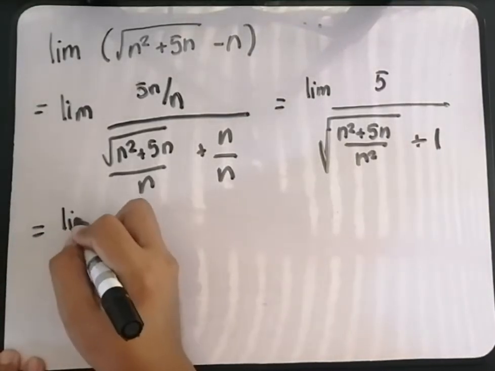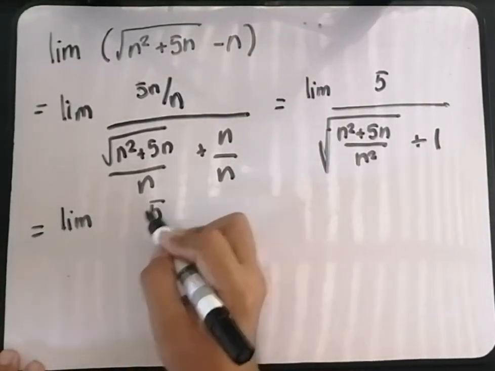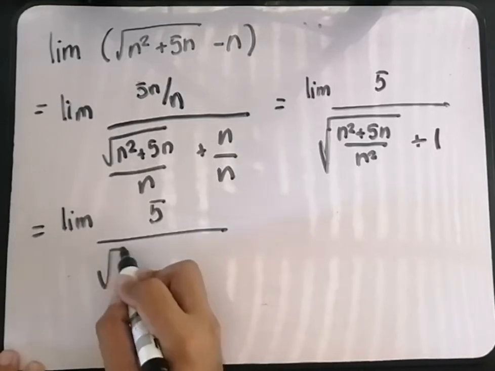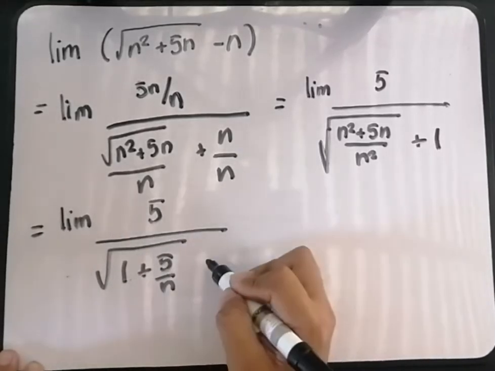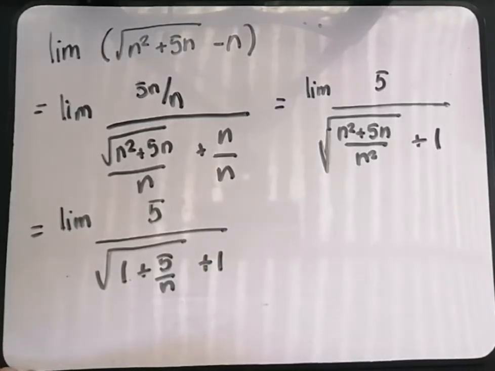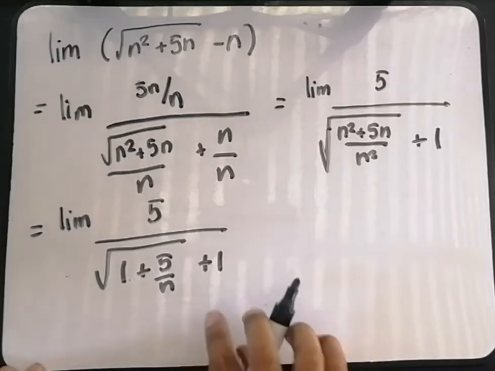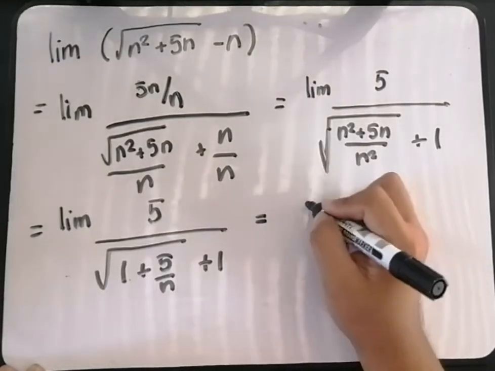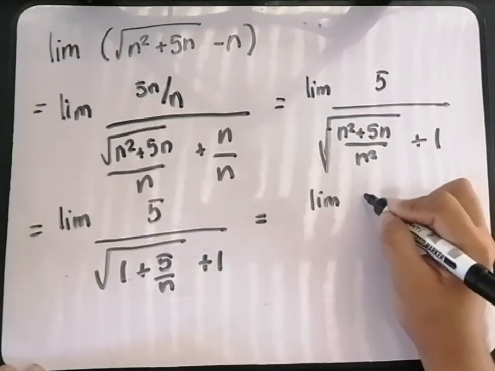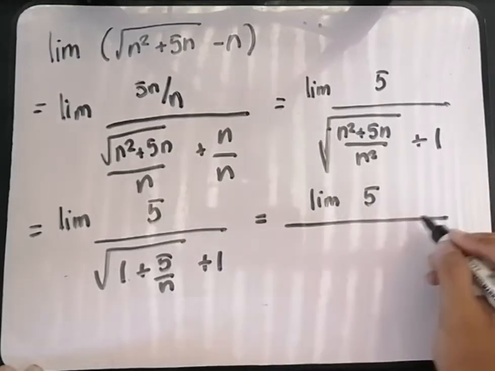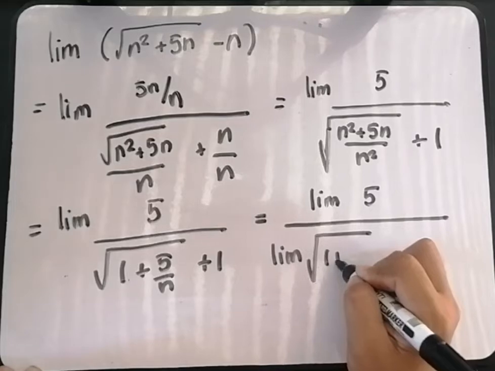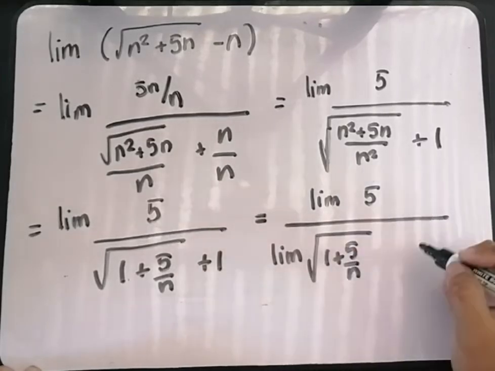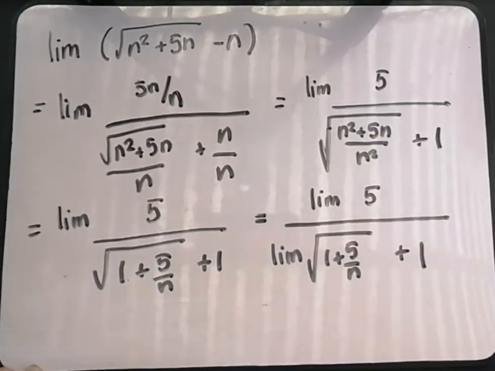Then, we have the limit of 5 over, pwede natin actually gawing 1 plus 5 over n plus 1. Since convergent na silang lahat, so pwede na nating gamitin yung quotient and sum the limit of 5 over the limit of the square root of 1 plus 5 over n plus 1.